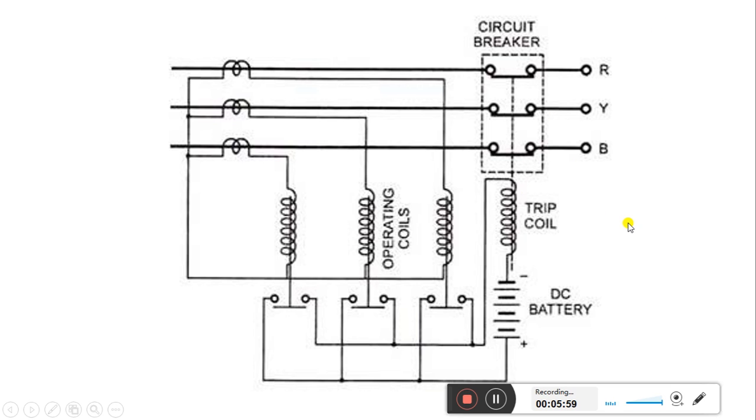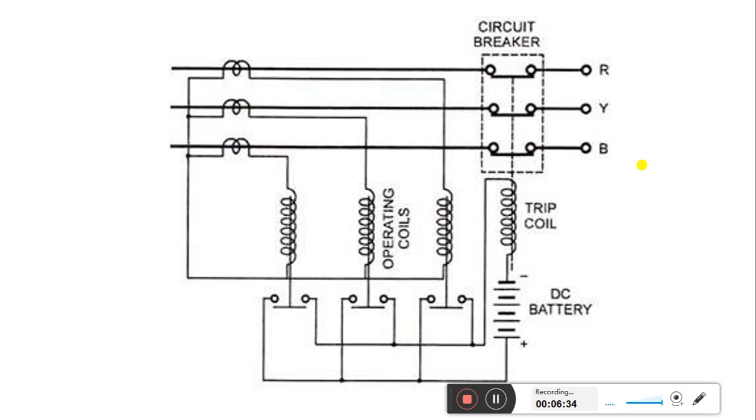For all types of fault this system will work, and as soon as the CT senses the fault current, the trip coil gets operated and the circuit breaker contacts will open. So all phases will be disconnected immediately from the load or the faulty point. That is how the overload protection for the transmission line is provided.